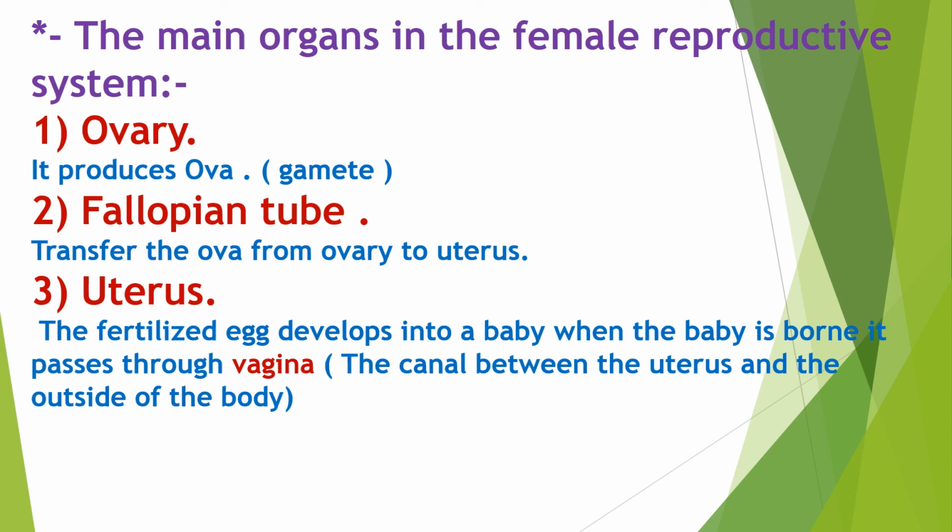The fourth organ is the vagina. It is a canal that connects the uterus and the outside of the body, so the baby can get out through the vagina.